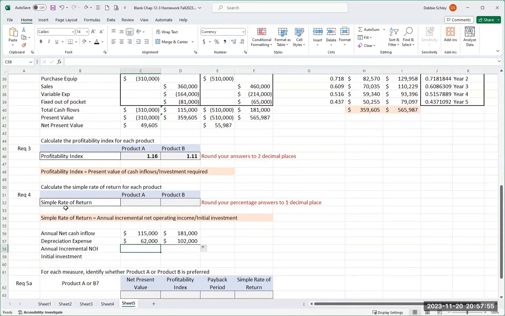But to get to simple rate of return, now we're talking about net operating income, and depreciation is a part of that calculation. And so we take the cash inflow minus the depreciation because we need annual incremental net operating income.